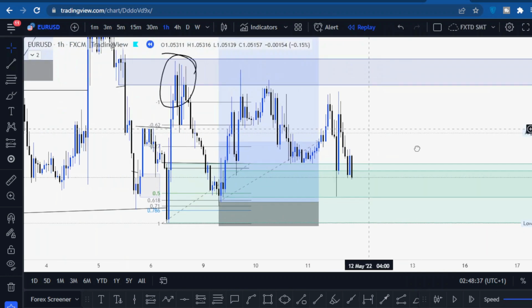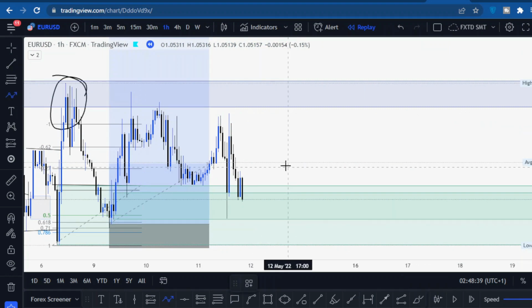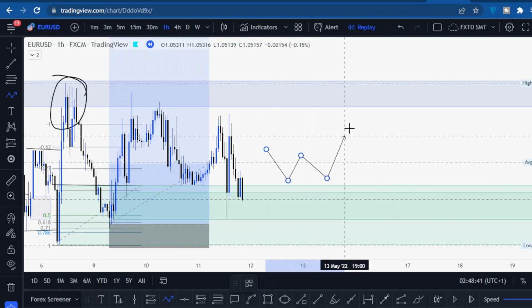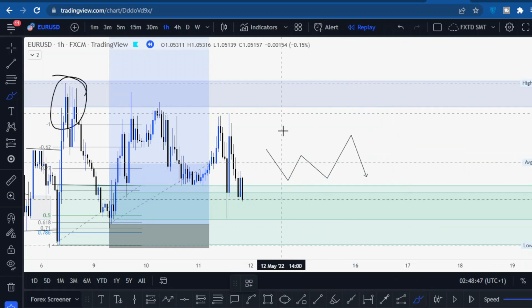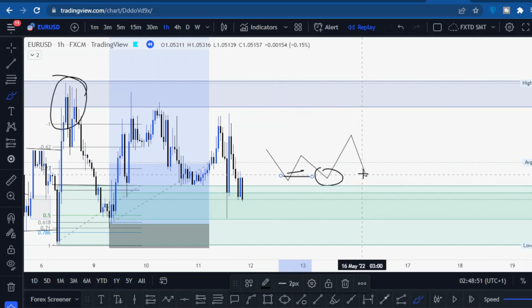So for instance, if we see a possible level here, this is a possible level, right? So let me take this as an example. Now this is the first mitigation of this order block, right? And this is another mitigation, second mitigation.